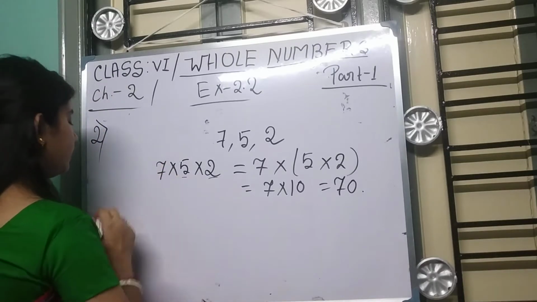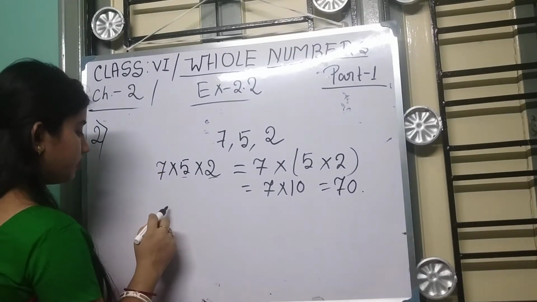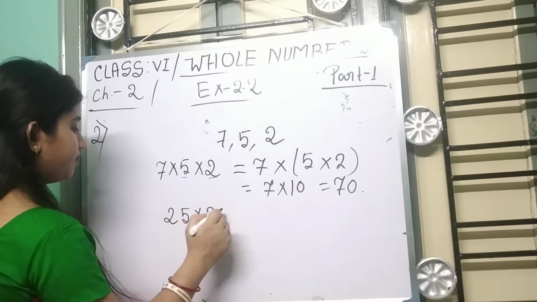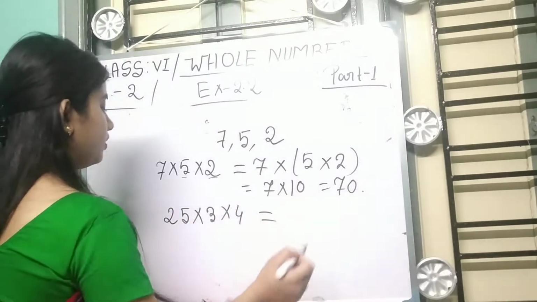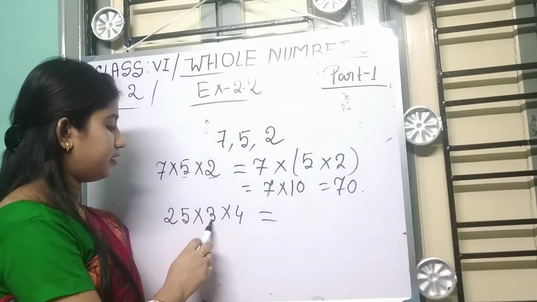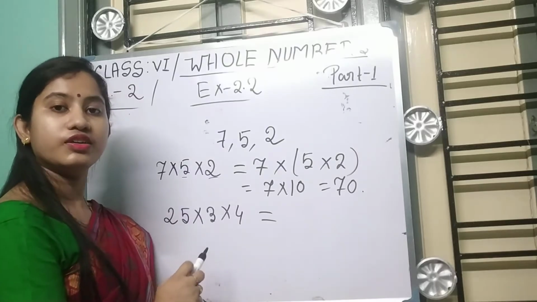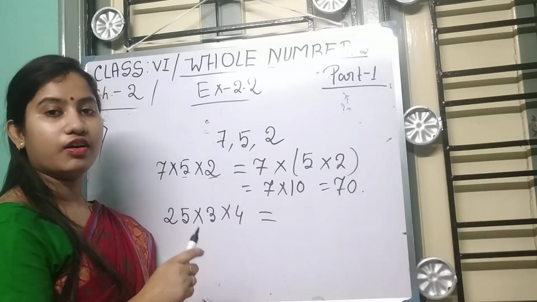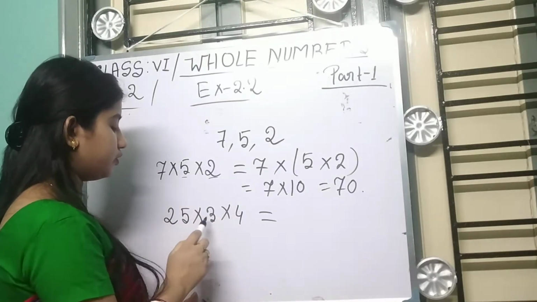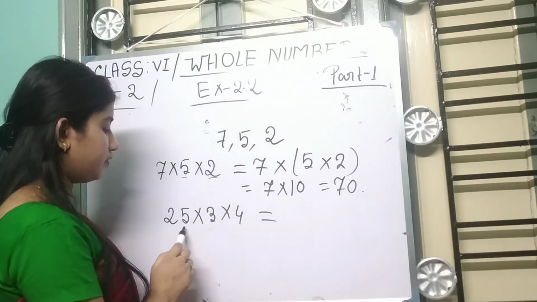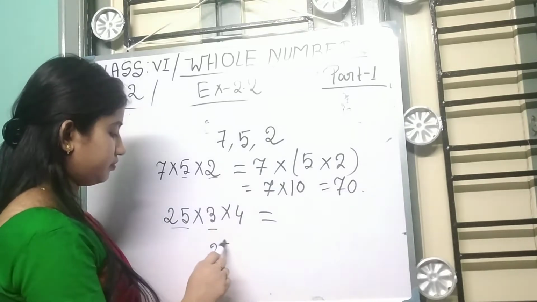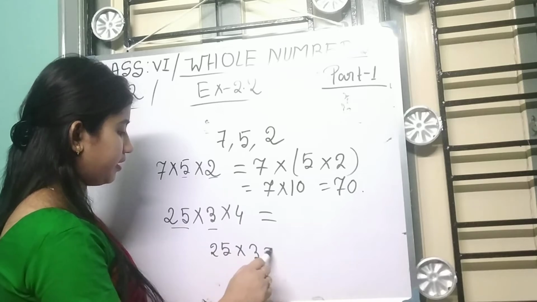Now in another example, suppose you get 25 into 3 into 4. Here if we multiply 3 and 4, then we get 12, not 10 or 100 or 1000. So we multiply 25 into 3, that means 75.